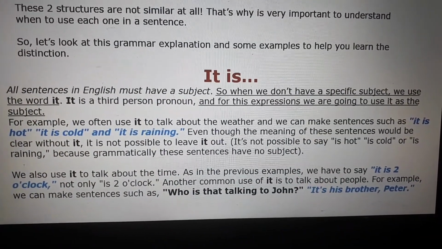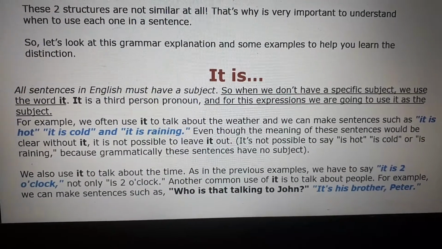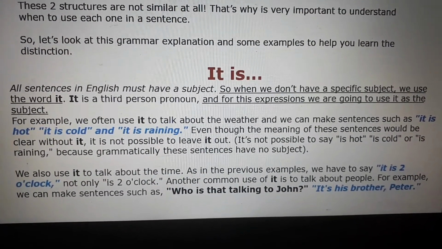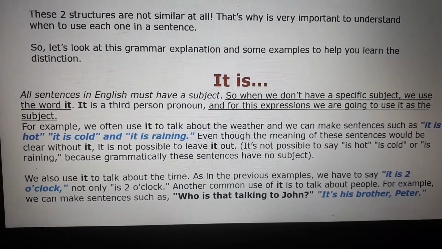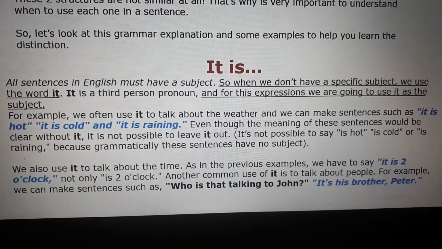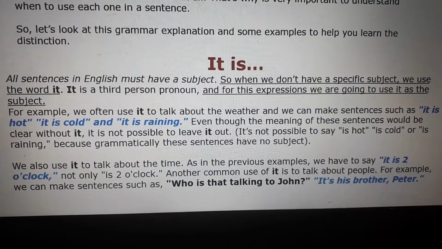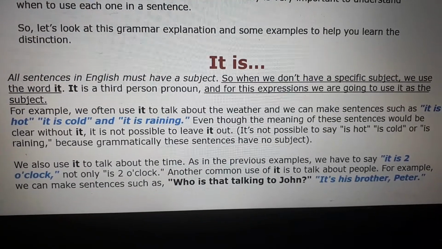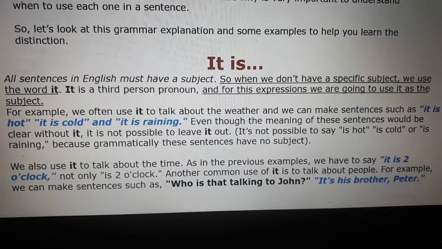It is a third person pronoun, and for this expression we are going to use it as the subject. For example, we often use it to talk about the weather, and we can make sentences such as it is hot, it is cold, and it is raining. Even though the meaning of these sentences would be clear without it, it is not possible to leave it out. We have to keep the pronoun it.